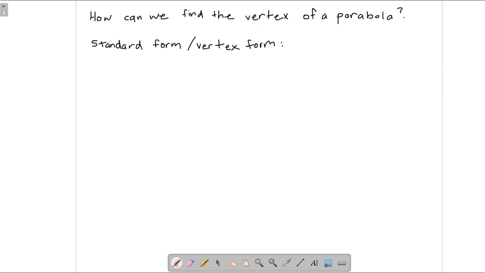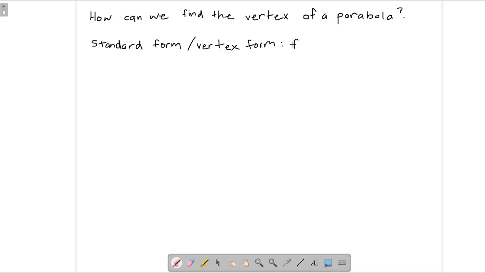Given some quadratic equation or quadratic function, how can we find the vertex? Because we've seen that it's important, so how can we find it using our equation? Here we introduce a new form to write our quadratics in, called standard form or vertex form.